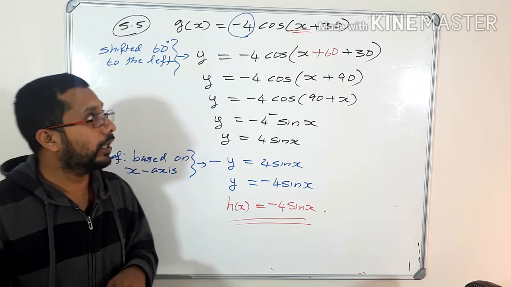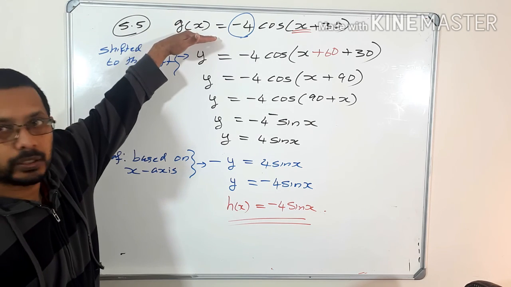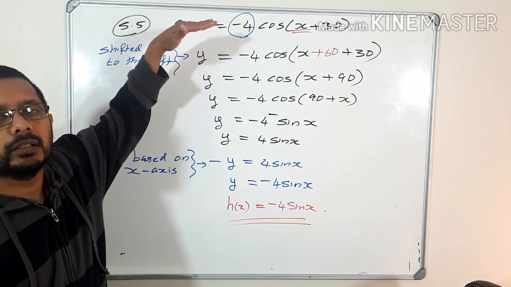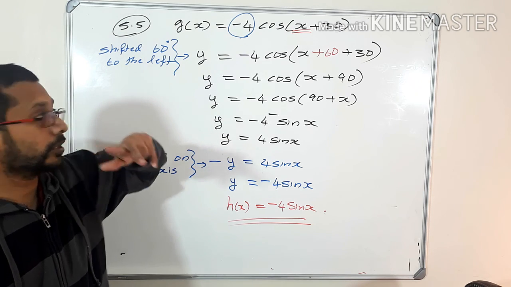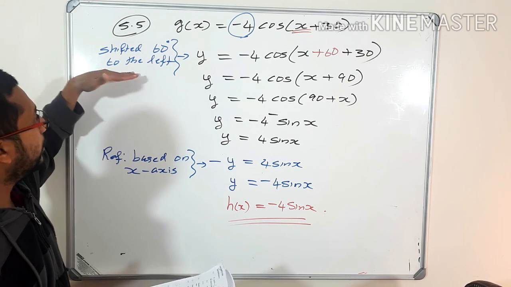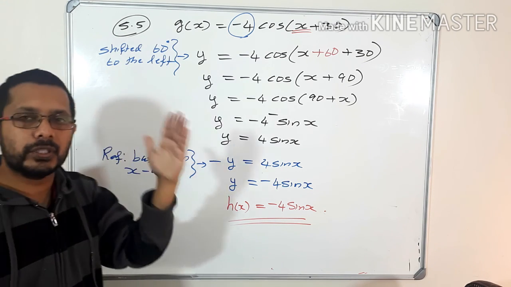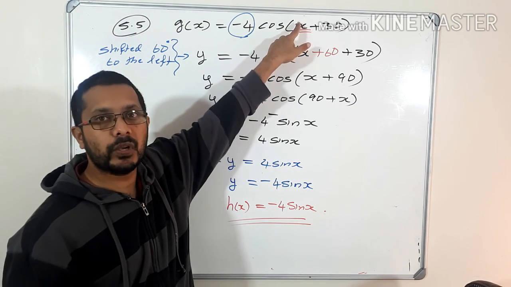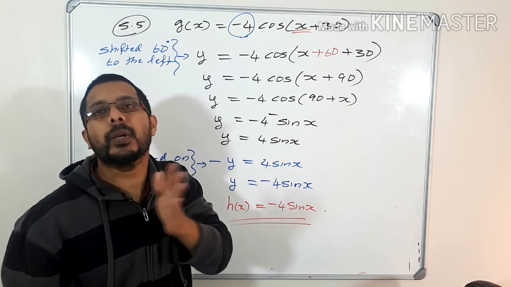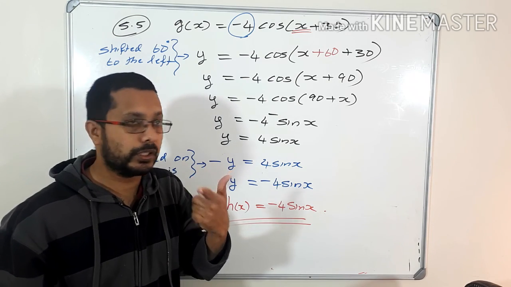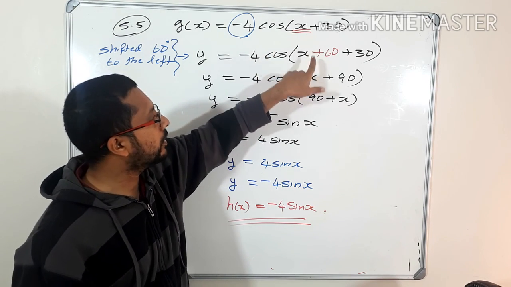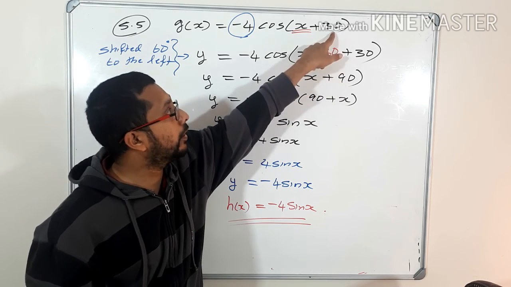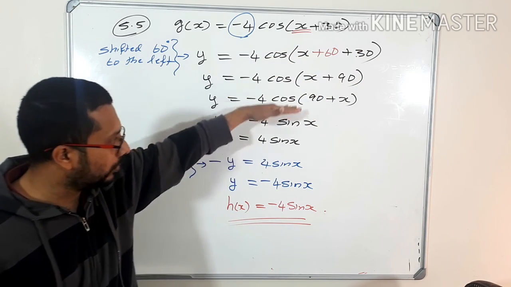So look at this one, guys. This was our equation. Okay, so they said there are two types of transformation. First one is shifted 60 degrees to the left. So if a graph is shifted 60 degrees to the left, you have to change the x value as left means plus 60, just opposite of what you are thinking. Okay, so I change this x to x plus 60, then the remaining 30, then we solve that one.